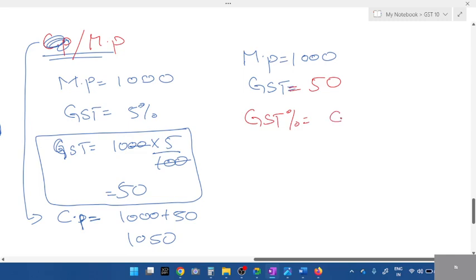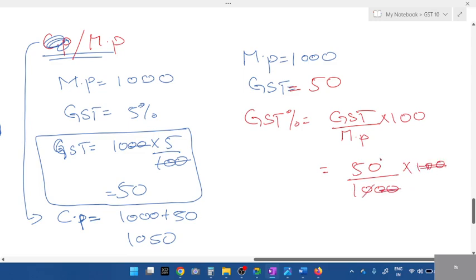So the formula is GST divided by mark price into 100. To calculate the percentage, GST is 50 divided by 1000 into 100. Look, two zeros get cancelled, 1 into 0. What's the answer? If it is in percentage, the answer also should be in percentage.